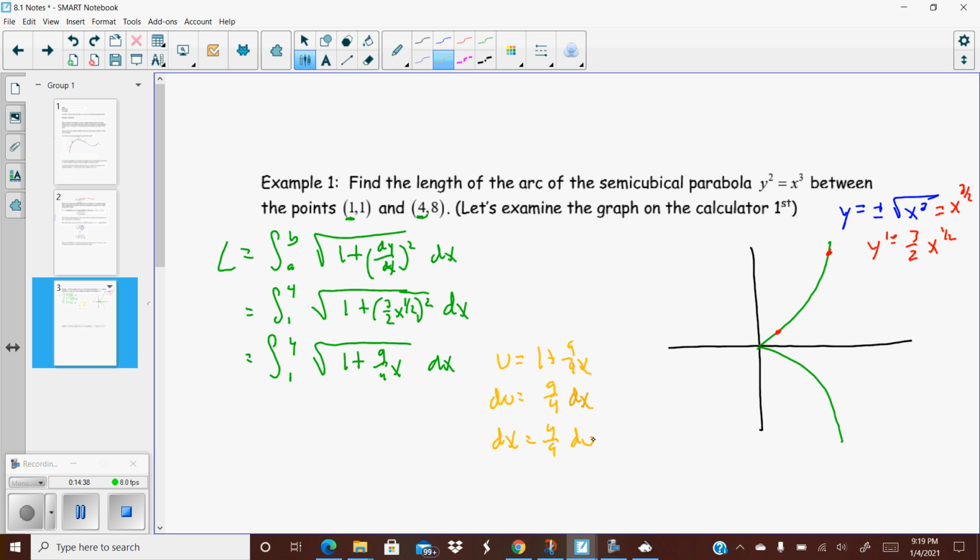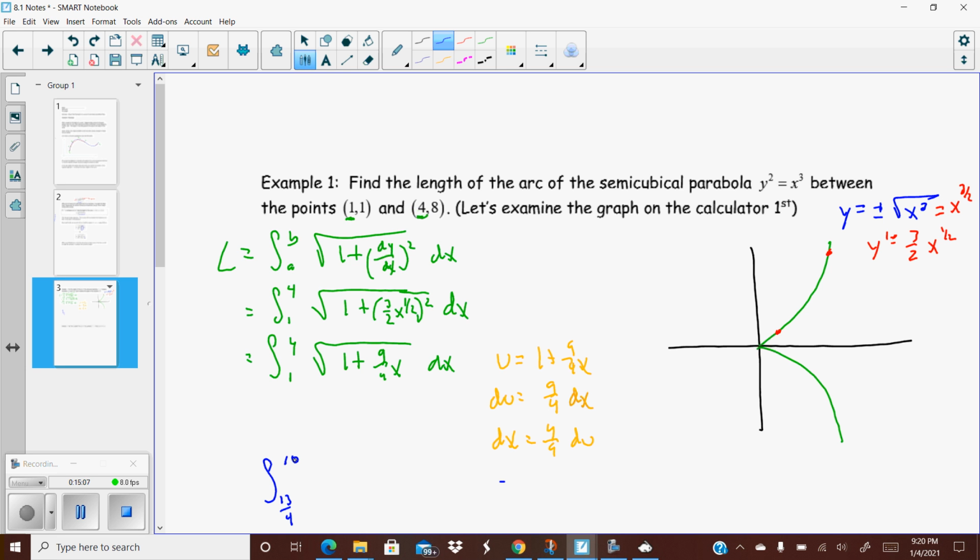I'm also going to go ahead and change the bounds, just because that's the way I prefer to do it. So when I change the bounds, if I plug in 1 for x, it's going to be 1 plus 9/4, which is going to be 13/4. Okay, these are not nice bounds, but it's what we have to deal with. If I plug in 4 for x, I'm going to get 1 plus 9, which is 10.